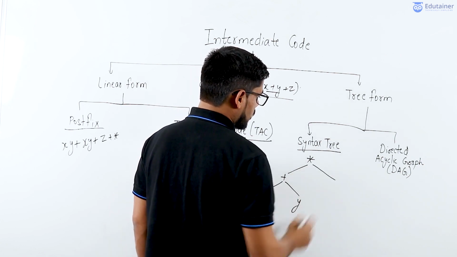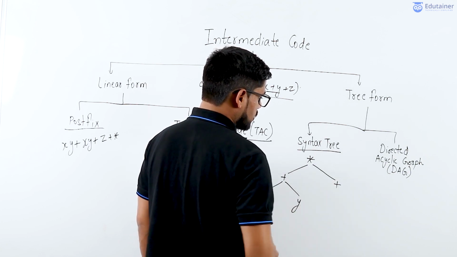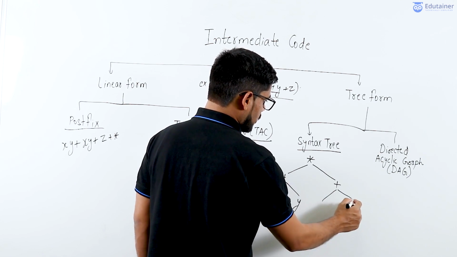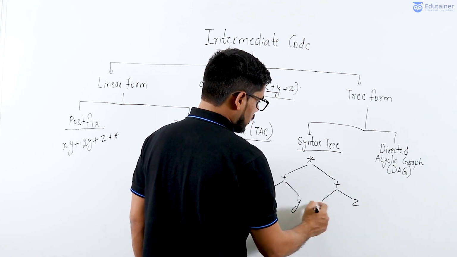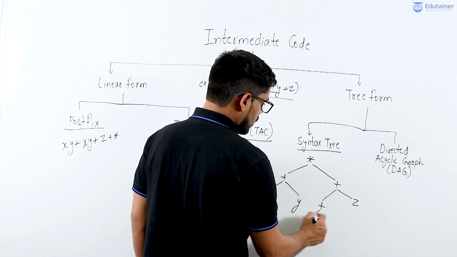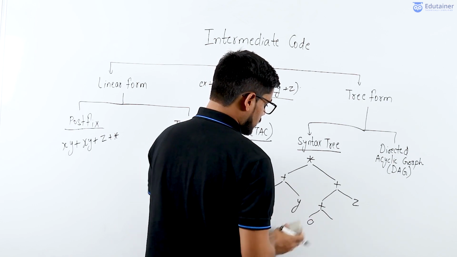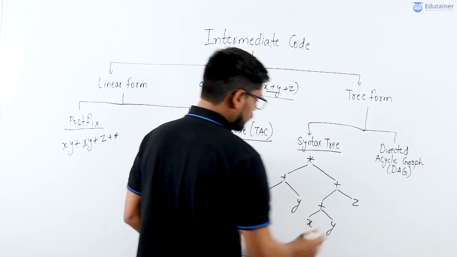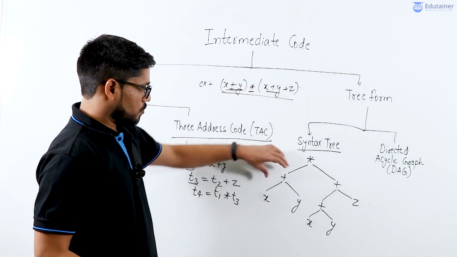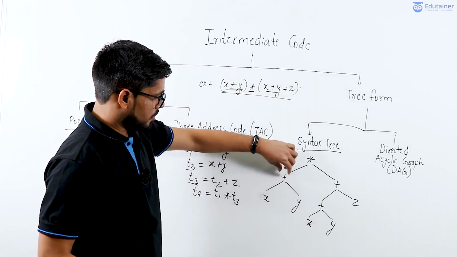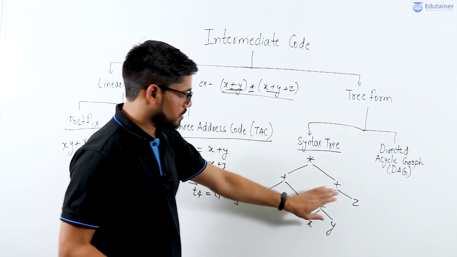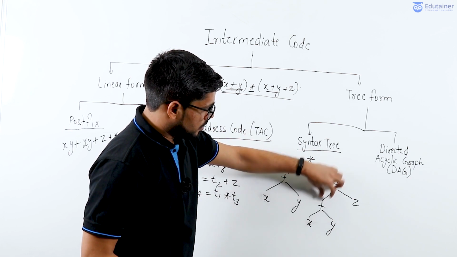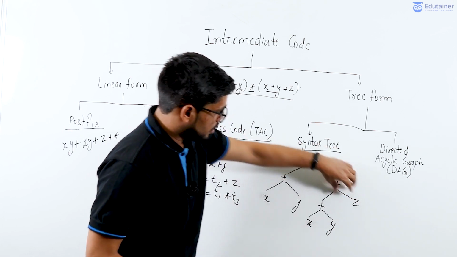Similarly, on the right side, a plus operator is present, which on one side contains z, and on the other side contains plus of x and y. So first we have to add x and y, and on the other side we add x and y together, and the result is added to z, and finally we multiply them.